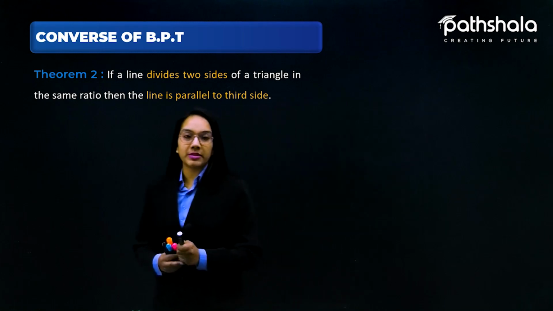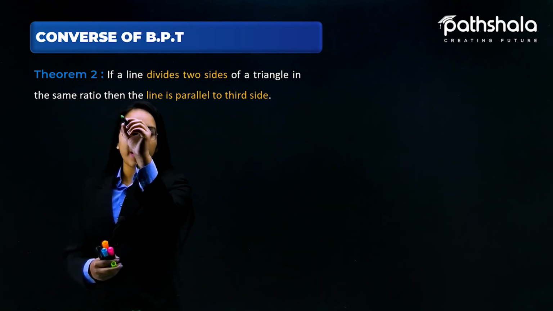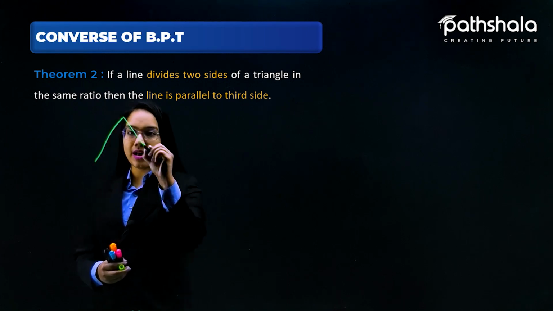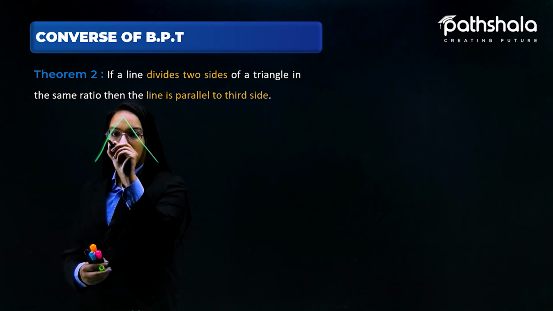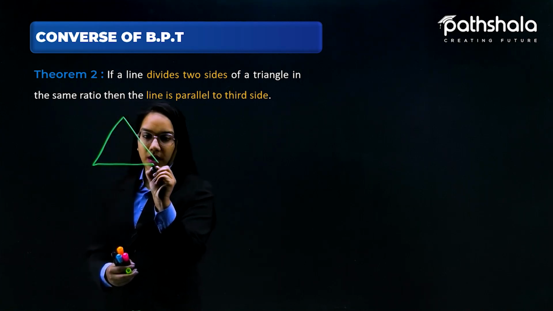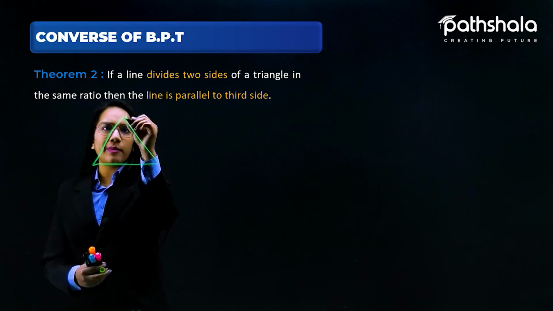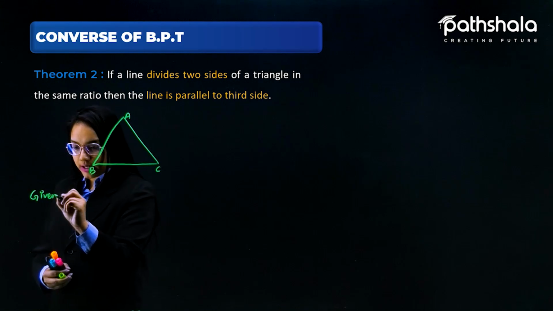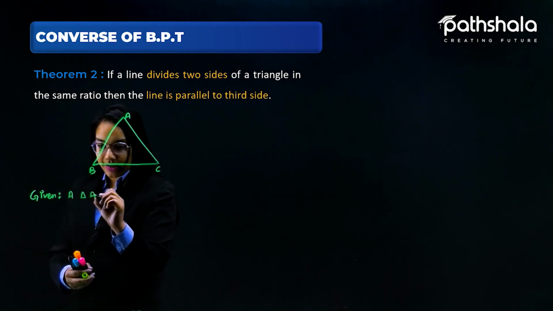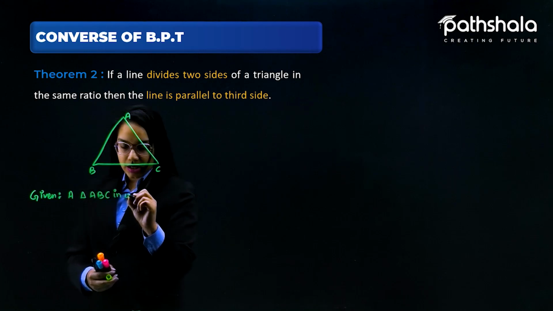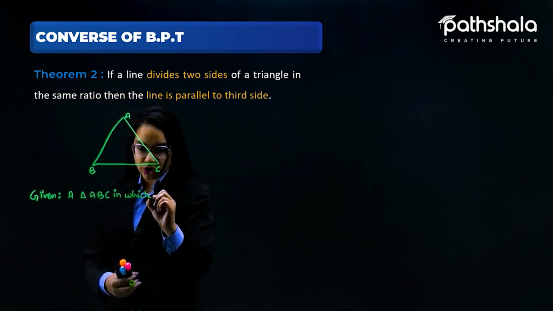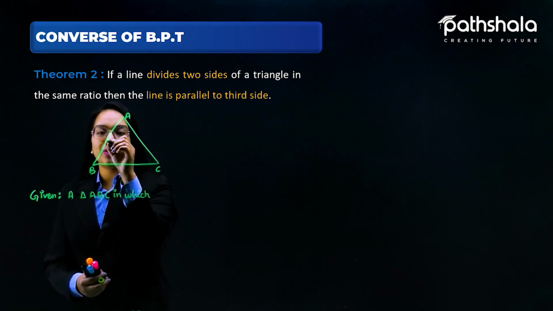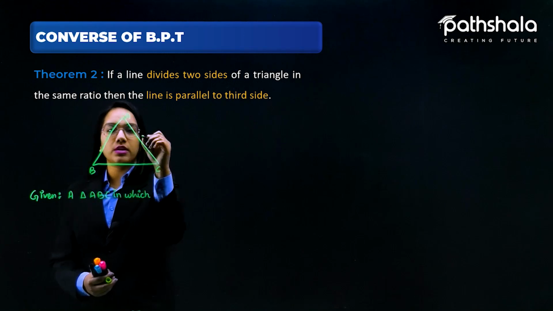Let us start the proof of this theorem by taking a triangle. Let us suppose this is the triangle that I am taking, and I'm calling it ABC. Let me write it here: given a triangle ABC in which we have any two points, this point and this point.